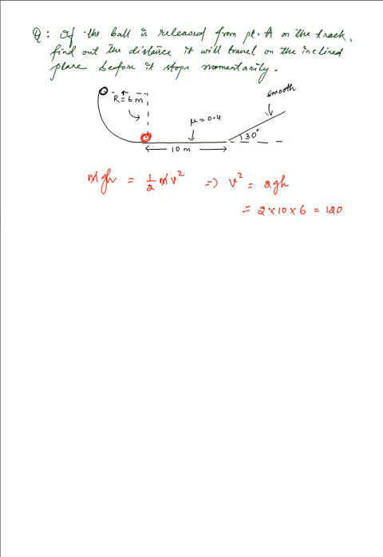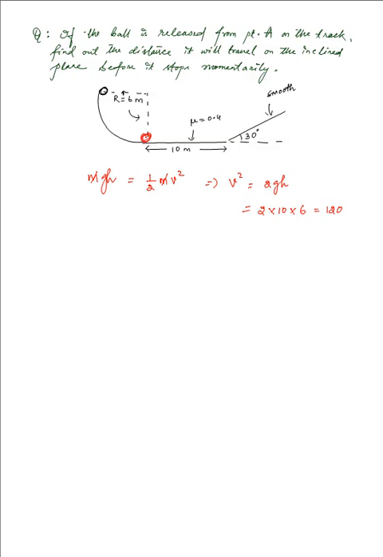Now, on the horizontal path that is 10 meters long, there's a frictional force which will obviously oppose the motion, and as a result there will be deceleration, or negative acceleration.